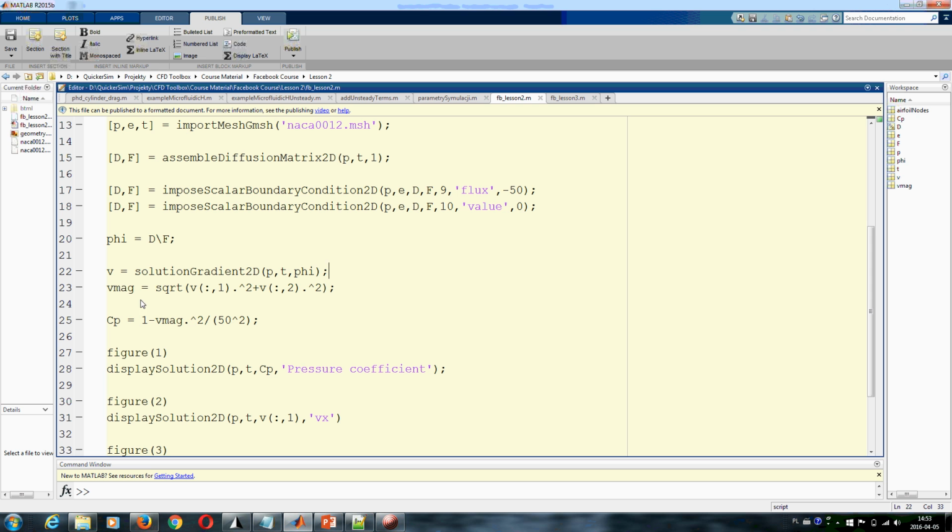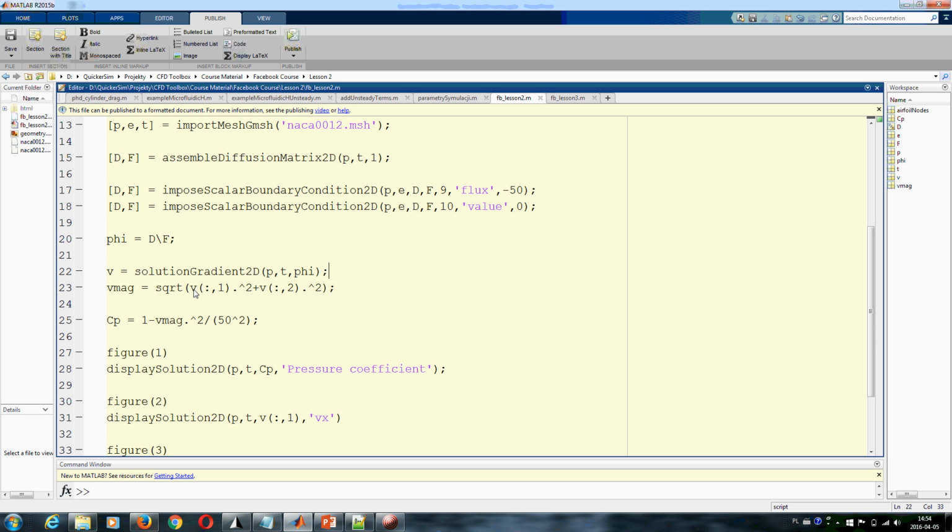So these are simple MATLAB commands. If you want to compute the magnitude, simply take the square root of, and this is important, V. After you call solution gradient, this will return you velocity for each node, and the first column will give you x velocities, and the second column of the gradient will give you y velocities.